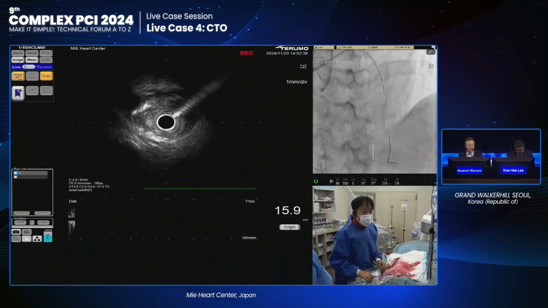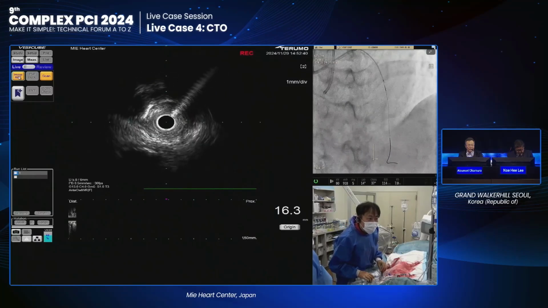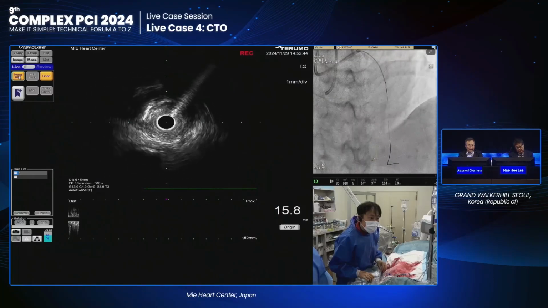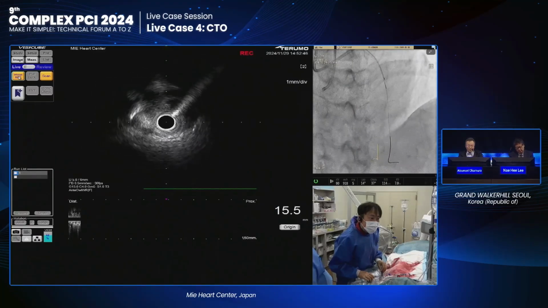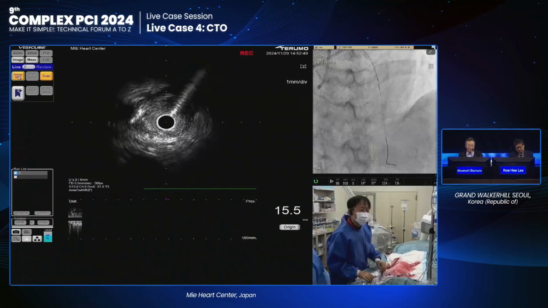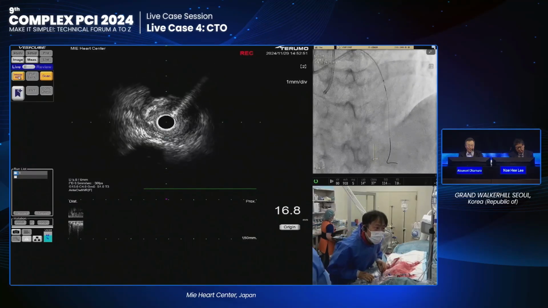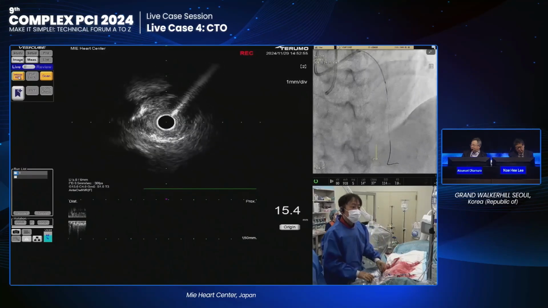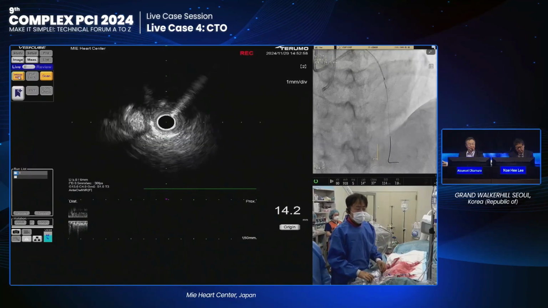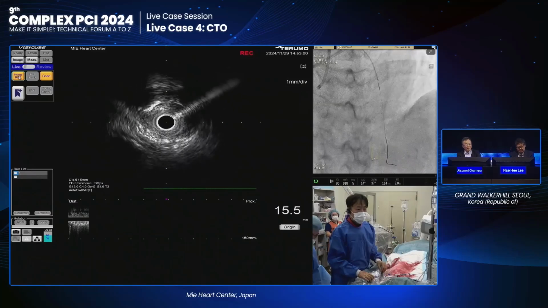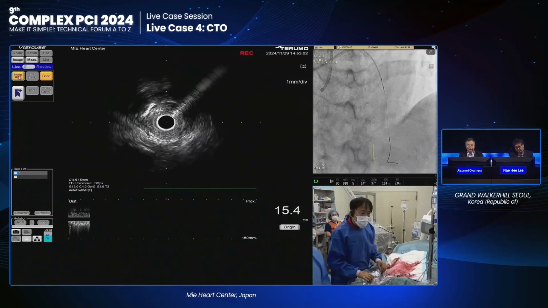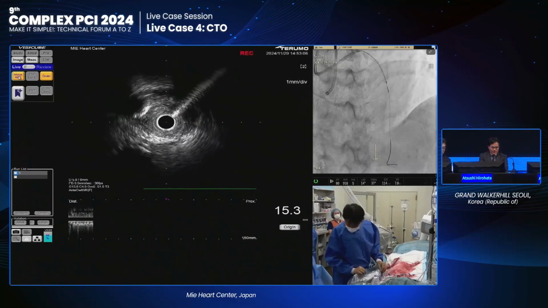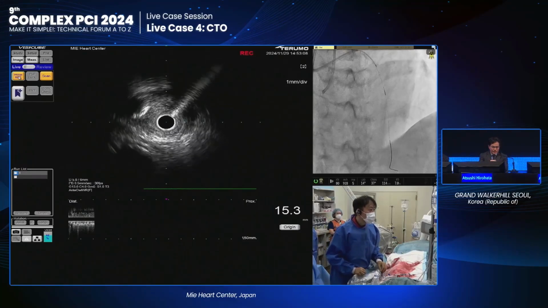I think it's connected. Flow is wedged, but yes. How do you think about this, Dr. Hirohata? He's an expert. It's very difficult to see the diagonal from this IVUS pullback. According to this IVUS, flow of the diagonal branch is a little soft.